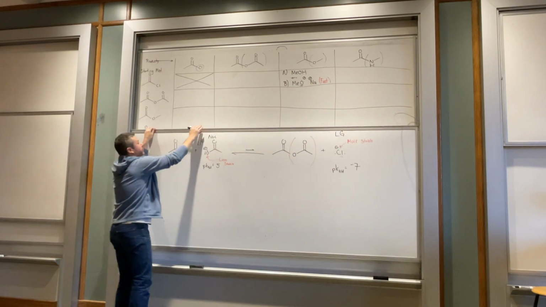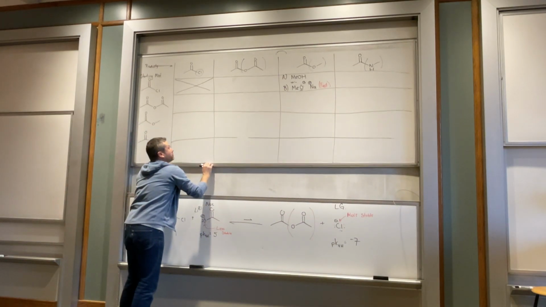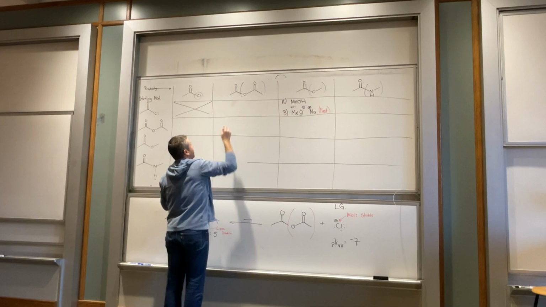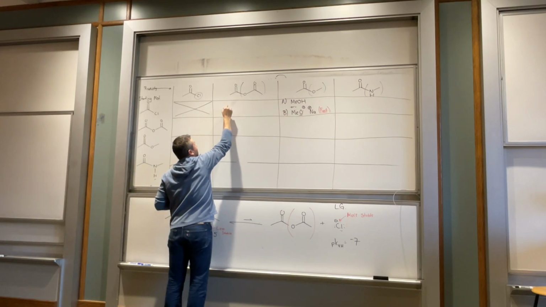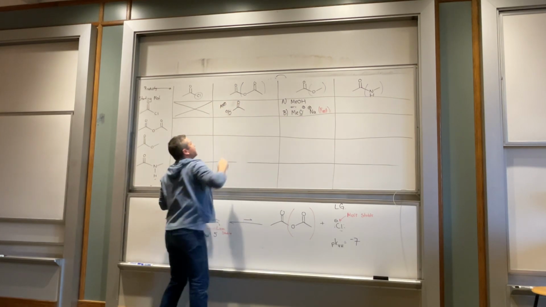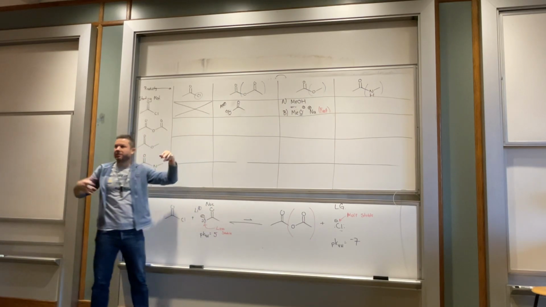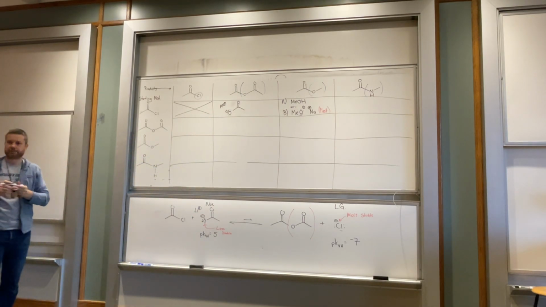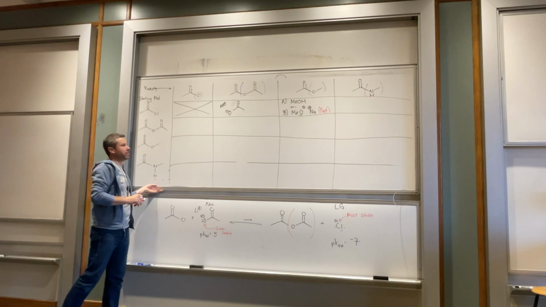So in order to get this reaction to go, the only option that we have is to add in a metal acetate. This M+ is a lithium ion, sodium ion, potassium ion, some metal ion.